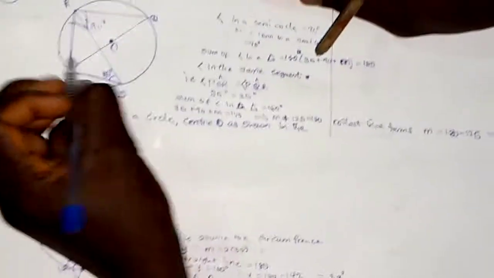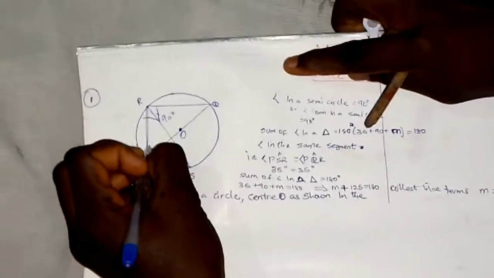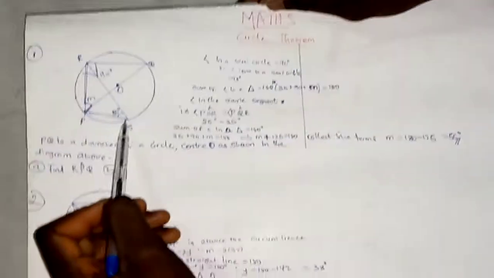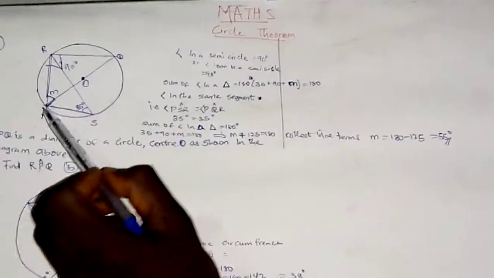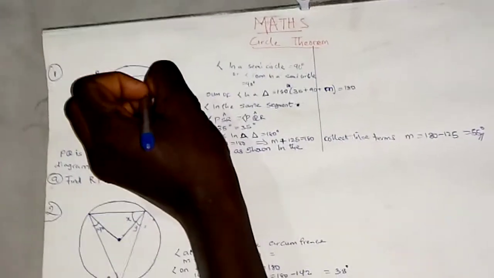Let us call the angle M. Looking at this, angle PSQ is equal to this angle, 35 also. So why is it 35 also? The reason is angle in the same segment, we said it.